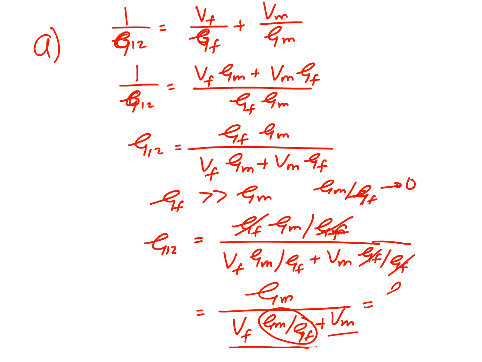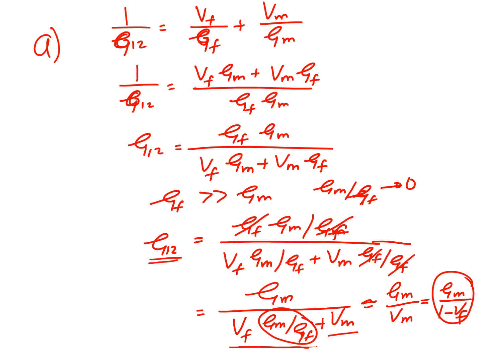So we're going to get GM divided by VM as the approximation here. And that is nothing but GM divided by 1 minus VF, because the volume fraction of the matrix is simply 1 minus the volume fraction of the fiber. So that is the derivation for calculating G12 from the mechanics of materials approach.